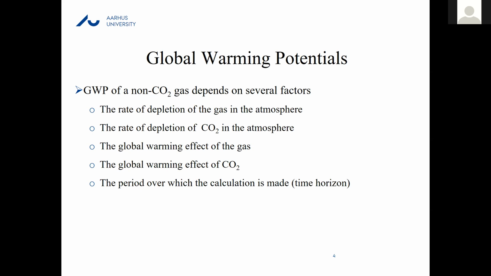It depends on the rate of the depletion of that gas from the atmosphere after it has been emitted, the rate of depletion of CO2 in the atmosphere, the global warming effect of the gas, and the global warming effect of the CO2. And finally, it depends on the period over which the calculation is made, which is here called the time horizon.